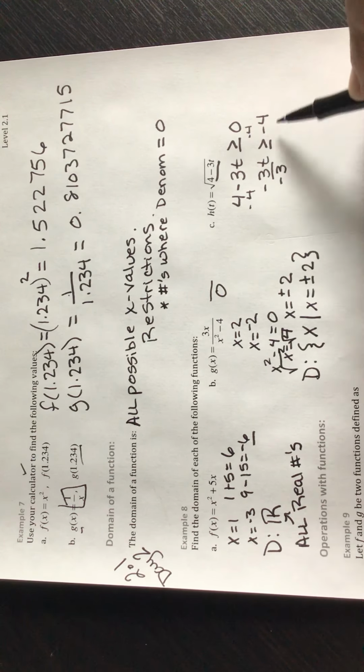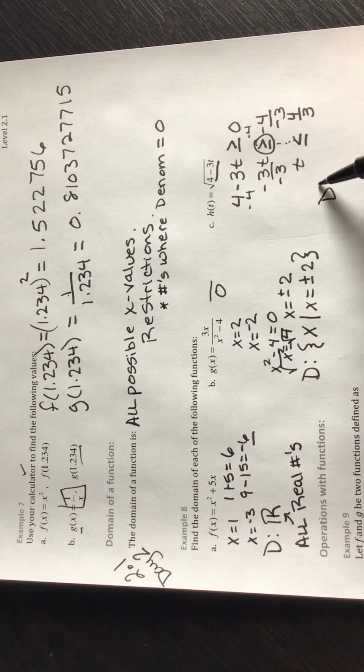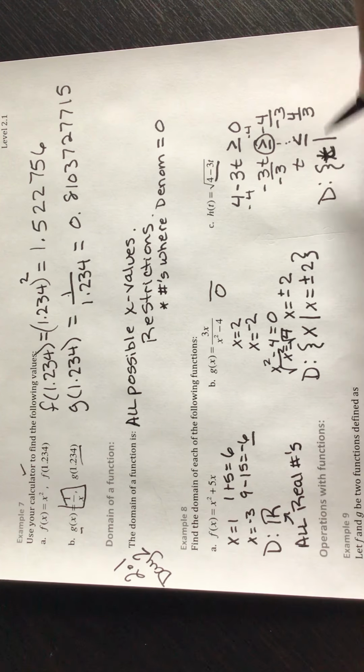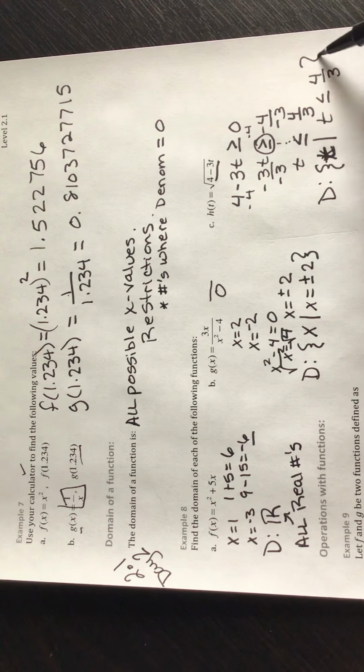So in my domain here, I can only include numbers that are less than or equal to 4/3. To show that, I'm going to say that my domain can equal any t such that the values have to be less than or equal to 4/3.